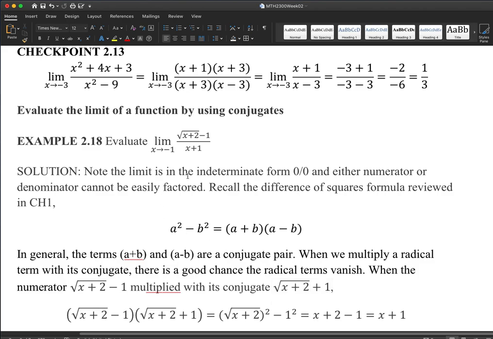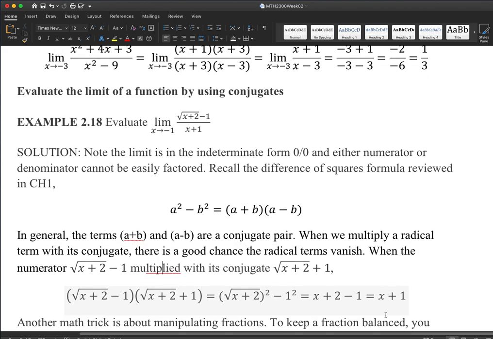I multiply the radical term by its conjugate, and it turns out to be the difference of two squares. Square root of x plus 2 squared is just x plus 2, and 1 squared is just 1. So the product of this conjugate pair seemingly may be complicated, but it does reduce to x plus 1.